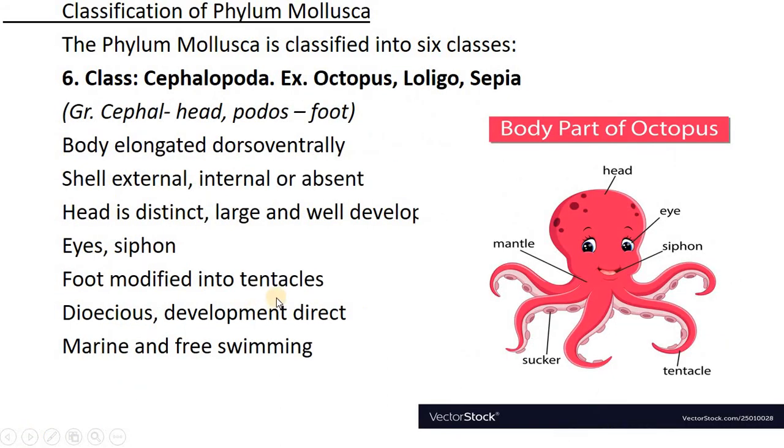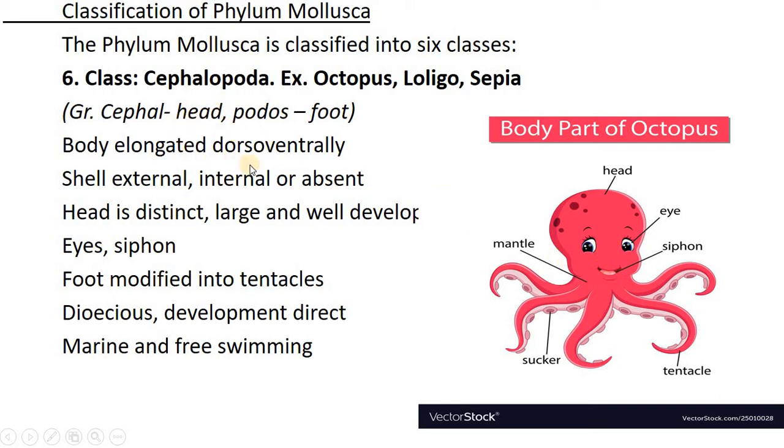Next, last class is the class Cephalopoda, where this octopus, octo refers to eight, and Loligo and Sepia. The octopus is called the devilfish, and the cuttlefish Sepia, like that Loligo. Cephal refers to the head, podas refers to the foot. So in the members of the Cephalopoda, head is prominent, and the eyes are also prominent.